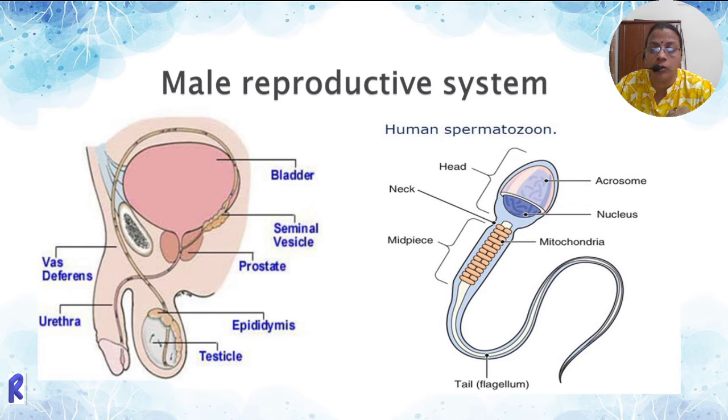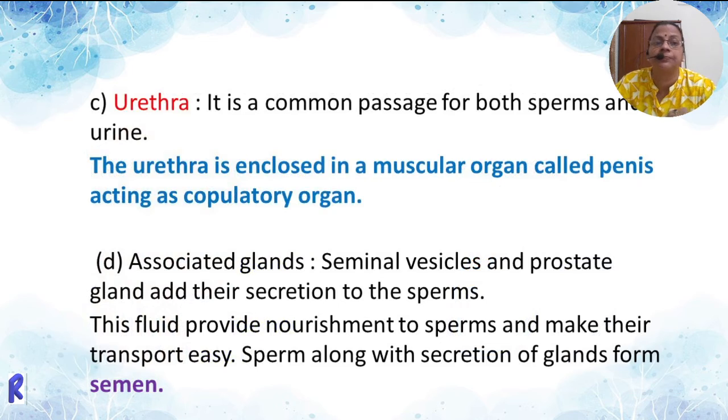Now we will move on to the next topic, that is the urethra. Already we said the urethra is the common passage in the male. The vas deferens joins with the accessory sex glands, the seminal vesicle and the prostate gland, and their secretions together with the sperm pass through the urethra.